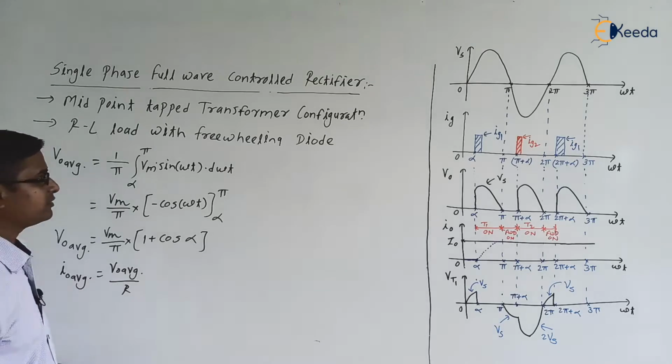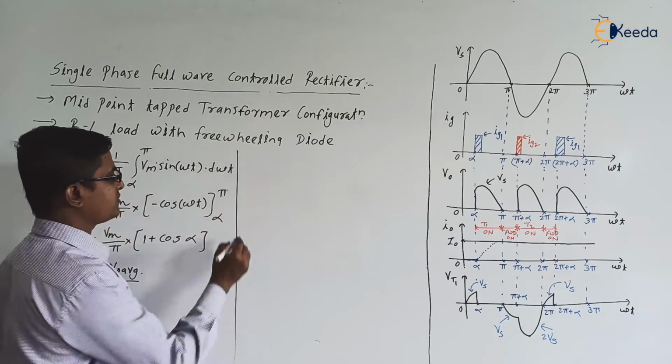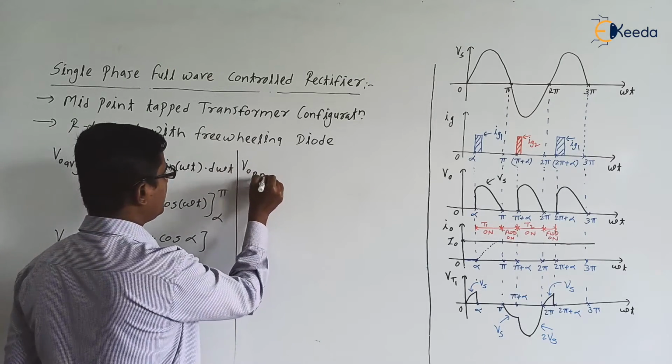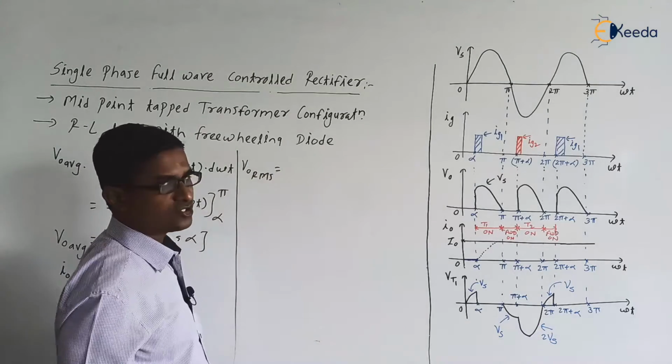Next, V0 RMS, the RMS value of the output voltage or the load voltage.